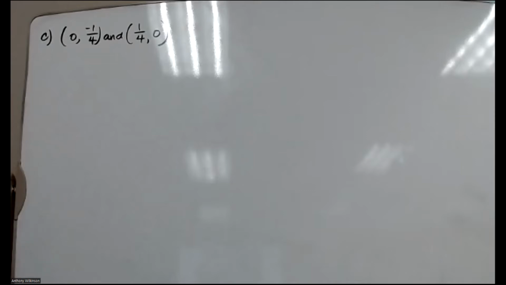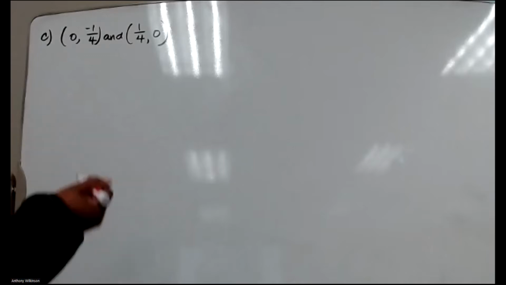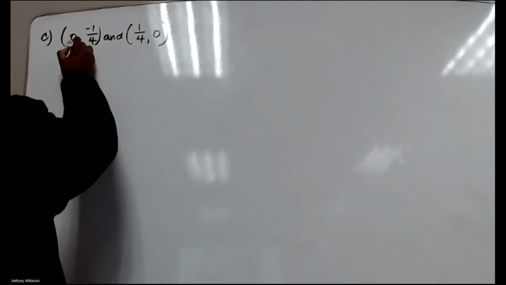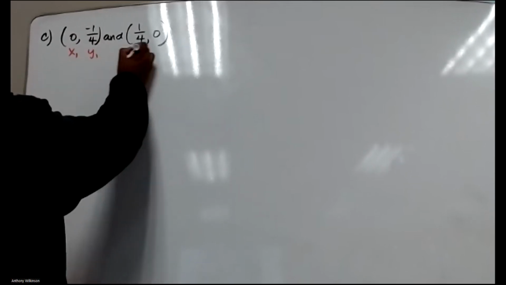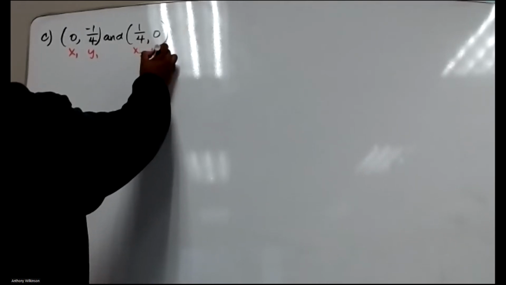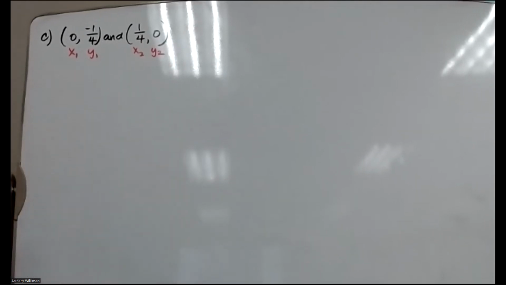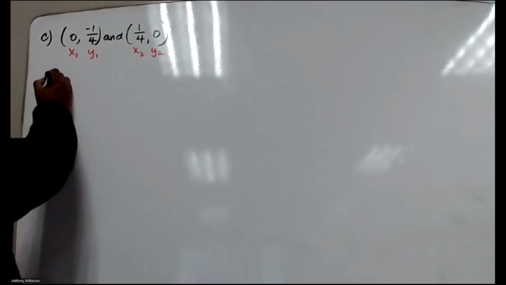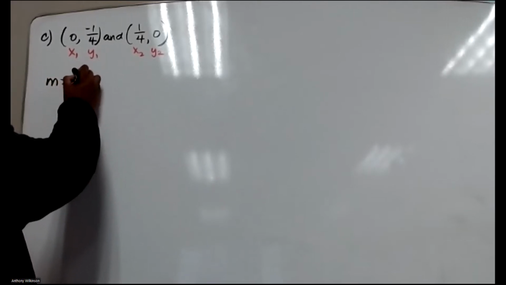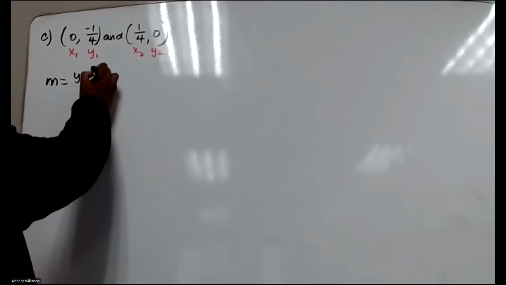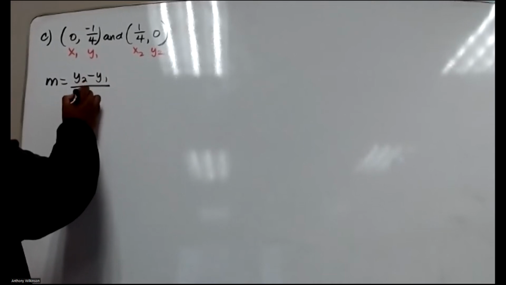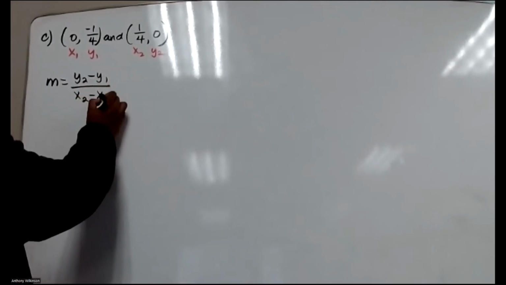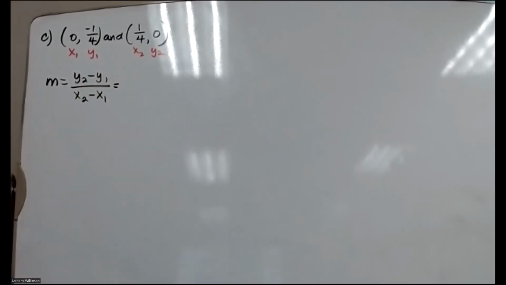So in this case, I can label this as x1, y1, and the other point x2, y2. And then we find the slope of that line first, using m equals y2 minus y1, all divided by x2 minus x1.